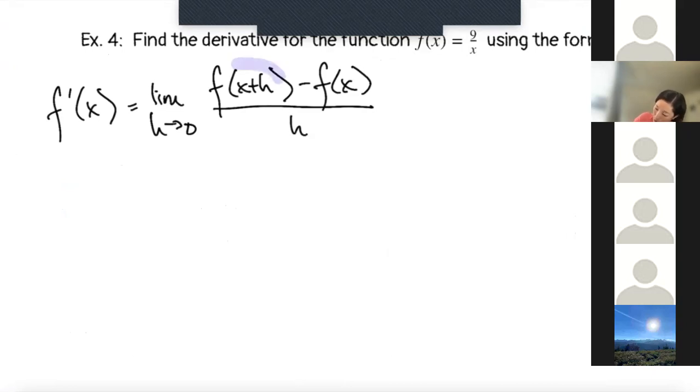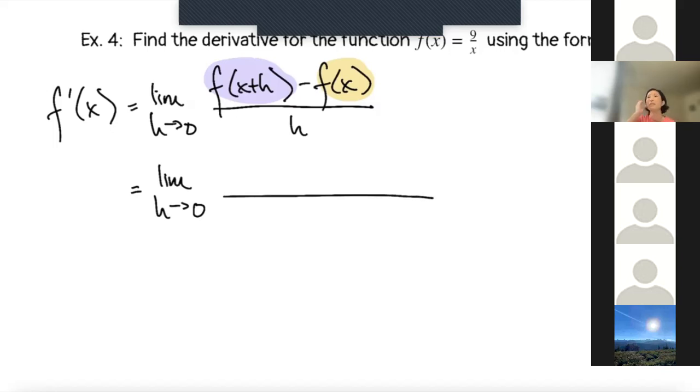And we have our input with x plus h, and then we have our input with just x. All right. What is my output going to be when I plug in x plus h into the purple part?